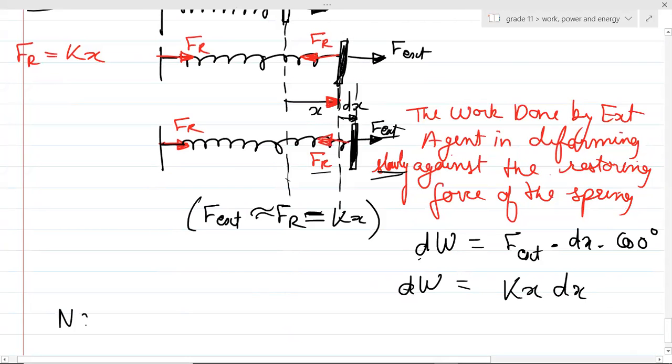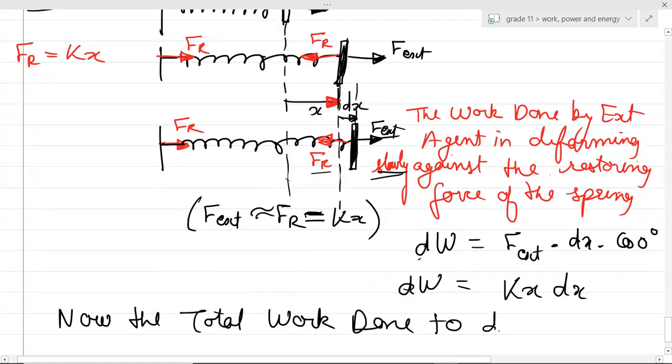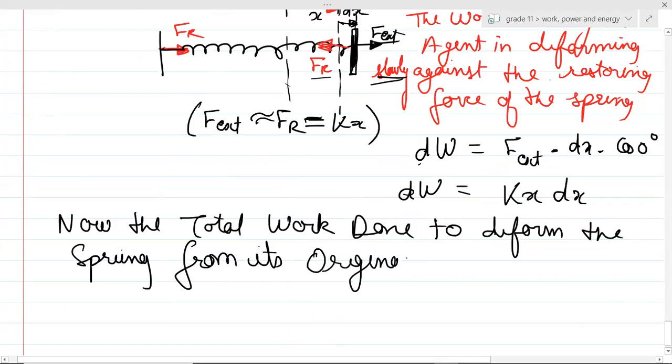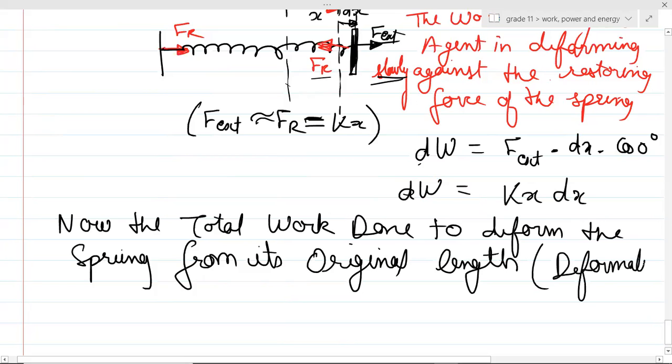So now the total work done to deform the spring from its original length. If I say original length, that implies the deformation is how much? The deformation is 0, to a deformation of x naught.